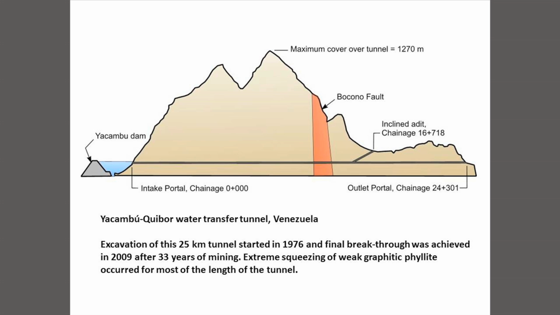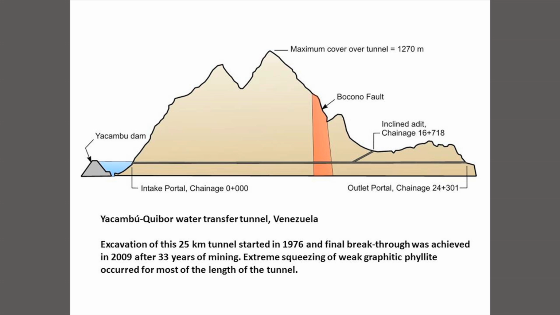Another project that is even more extreme is this one, which is in Venezuela. It's called the Yacambú project, and it's a 25-kilometer long tunnel to take water again from a wet area into a very fertile but very dry area near the city of Barquisimeto in Venezuela.